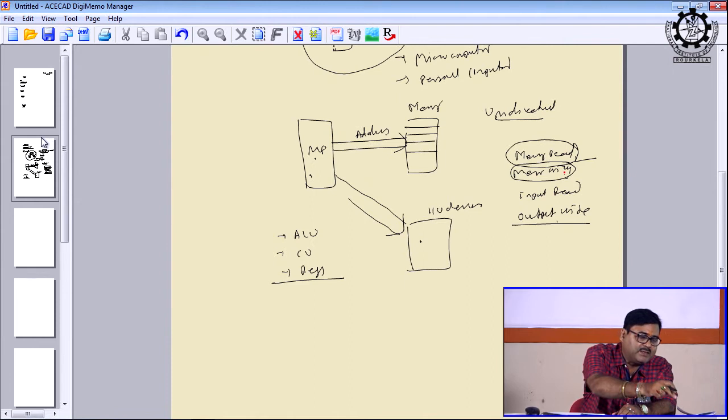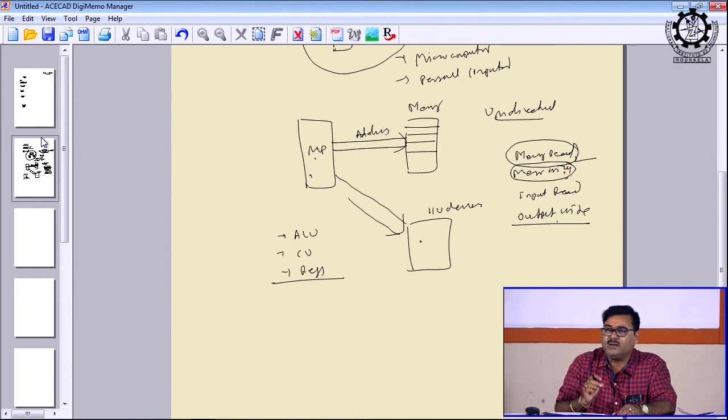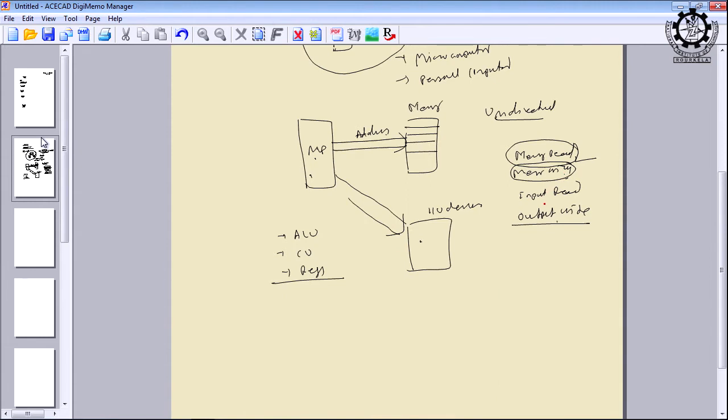Whenever you press a key on the keyboard, the corresponding digital data is stored in the keyboard buffer, and the microprocessor will be continuously polling the buffer to see whether data is present or not. The moment it gets data available in the keyboard buffer, it immediately takes it and stores it in its register. Am I clear? So this is the input device.